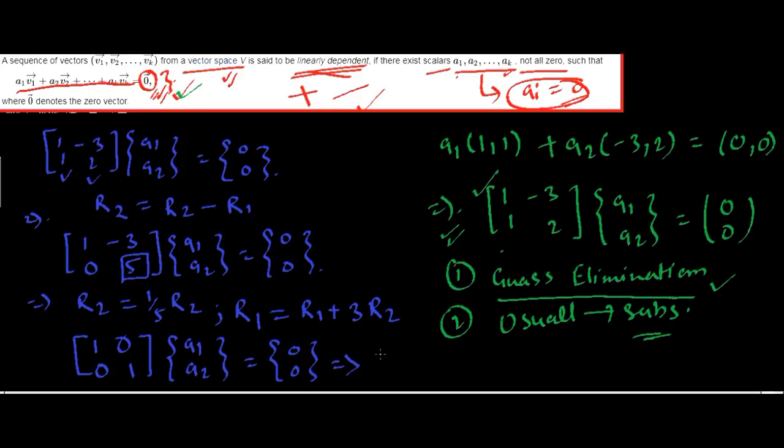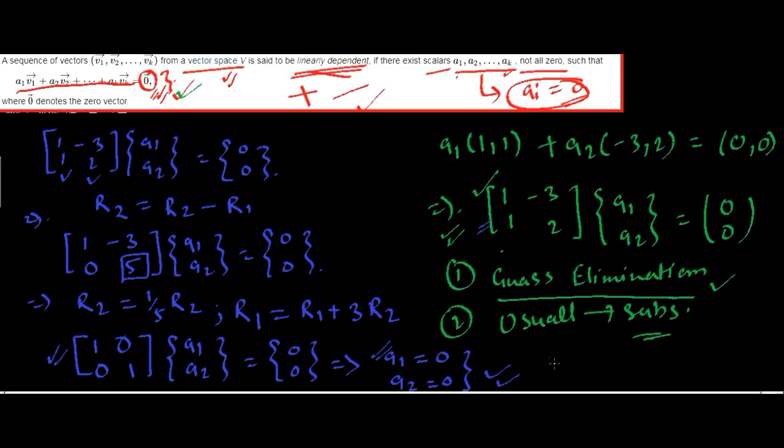What does this show? It shows that A1 equals 0 and A2 equals 0. So there is no other solution. These are the only solutions that we are getting from this particular relation here. What does it mean?